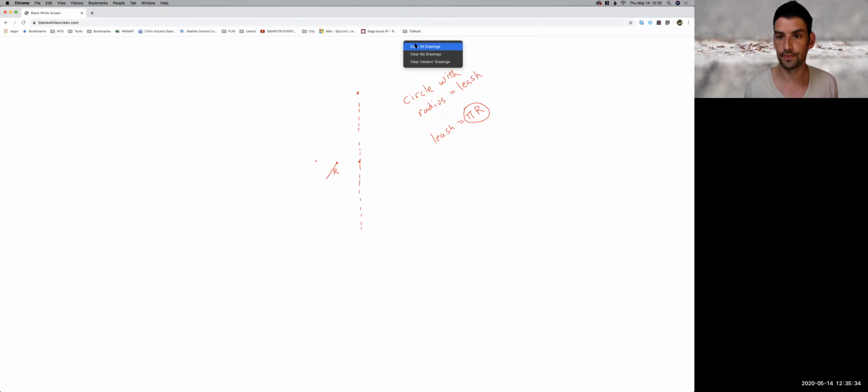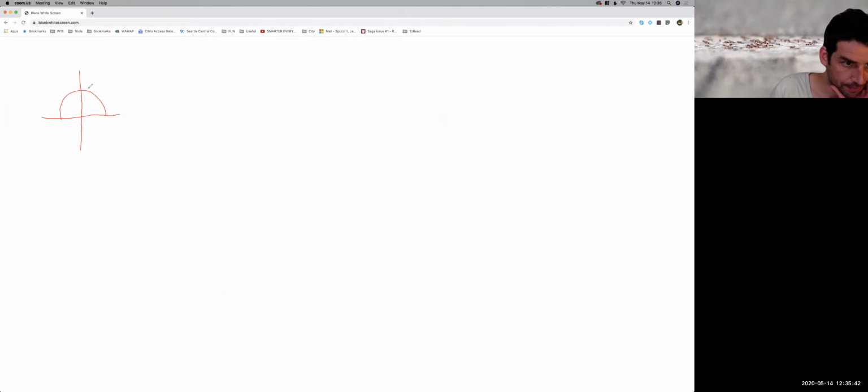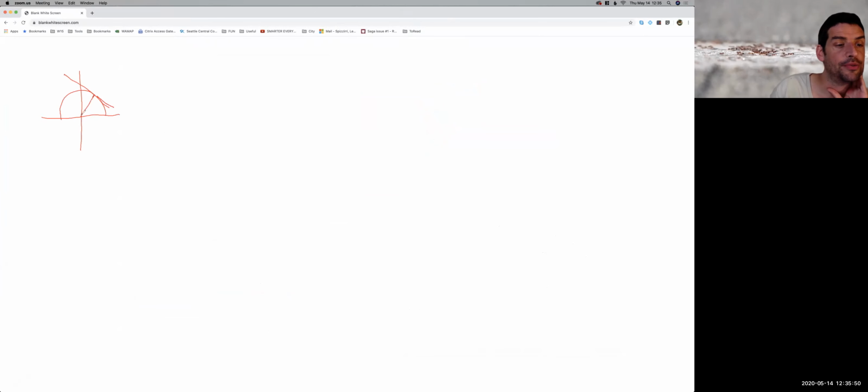First of all, I want to prove that if I have a circle and the tangent line to a circle, the top half of the circle, that the radius to the point where the tangent line touches the circle is perpendicular. Okay, this is pretty easy to prove.